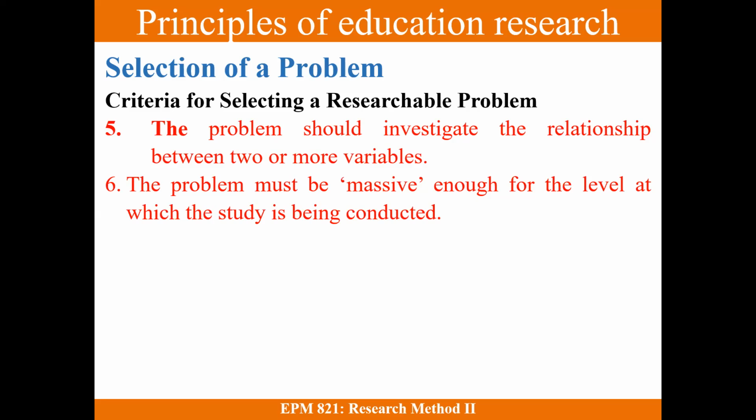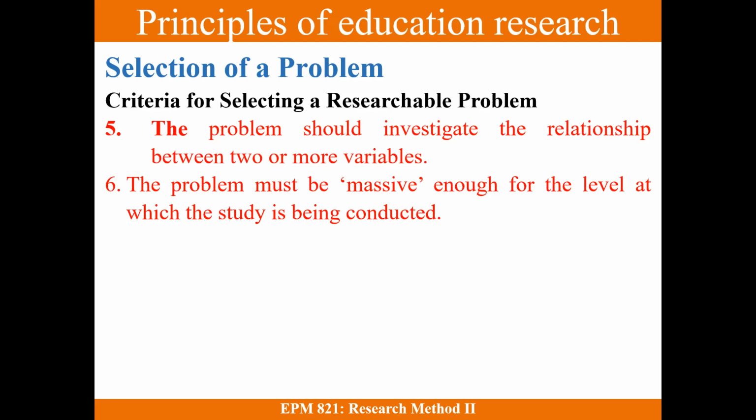Now, number six, the problem must be massive enough for the level at which the study is being conducted. You know, I usually tell PhD students that sometimes they are doing a research that's supposed to be done by a master's student.